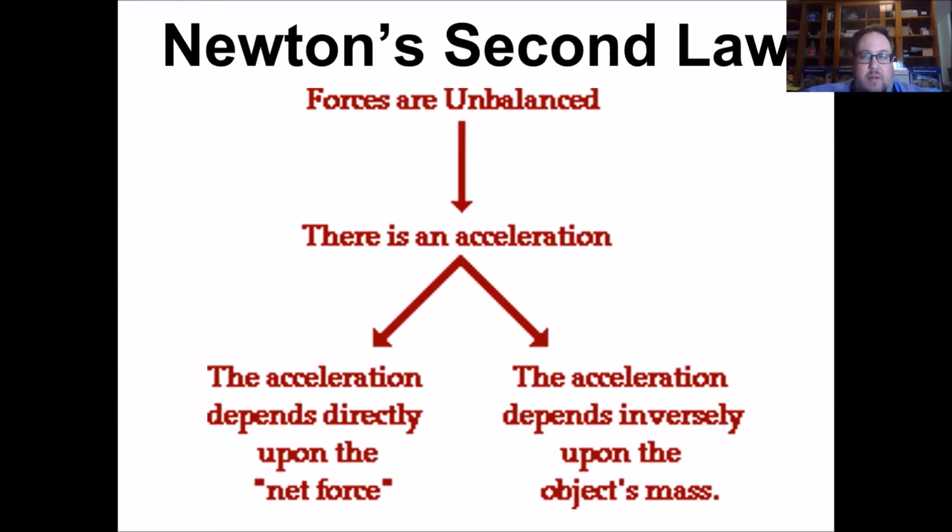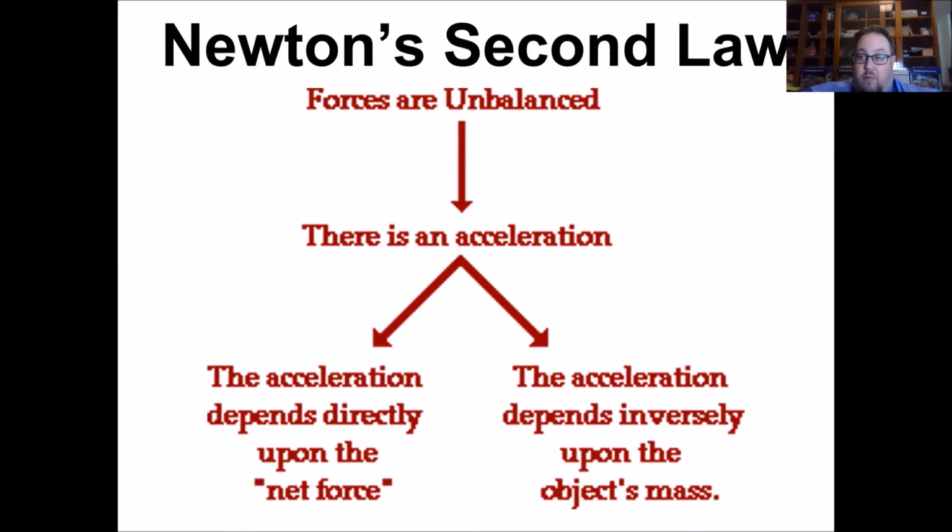So here's a couple of different scenarios, a couple of different pathways that we could go when we have unbalanced forces. According to Newton's second law, one, when the forces are unbalanced, there is an acceleration. Two, the acceleration depends directly upon the net force. So if you have a tug of war, with tension going left and tension going right, those forces are competing.